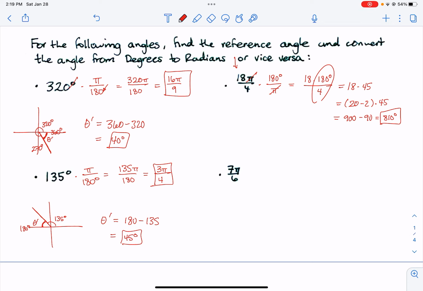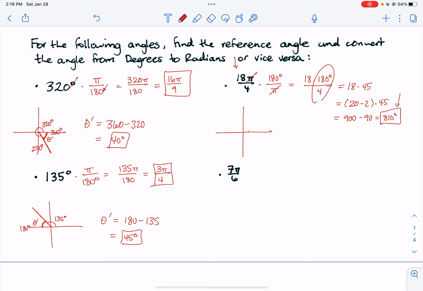All right, now this one's going to be a little tricky, but we can still do it. And this is where knowing the angle in degrees might be a little bit easier. I know that 2 full circles is going to be 720 degrees, and from there I can figure out the rest.